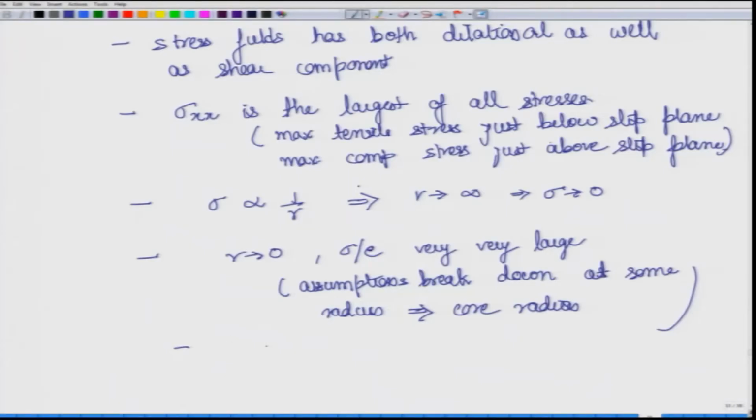So, what we can say is that dislocation is equal to core plus elastic. If this is a dislocation line, there is just some small radius, approximately 1 nanometer, which is the core, and beyond this is the elastic field.